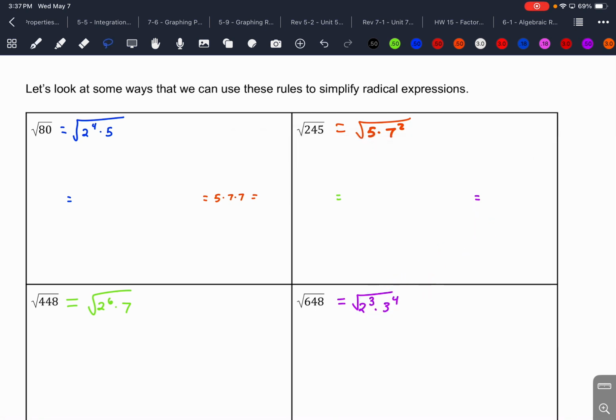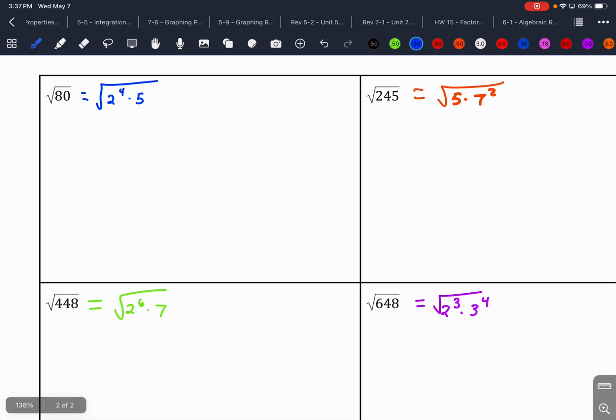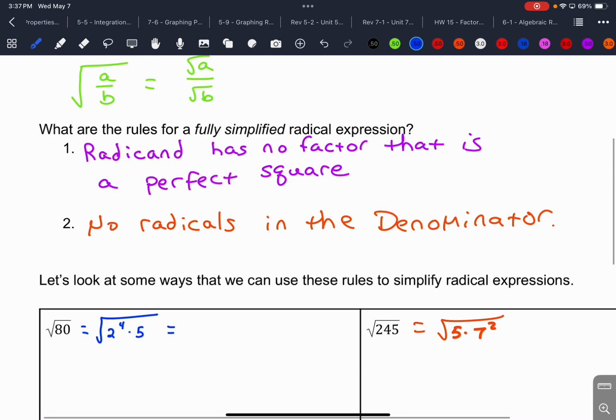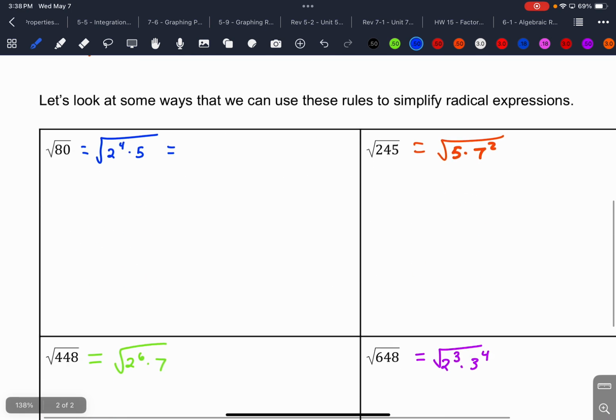So basically, when you have a square root that you need to simplify, you have to get the prime factorization and think about the numbers that are in here, okay? Now, each of these things, so 2 to the 4th is, there's 4 2's, right? So what you're looking for is perfect squares, right?